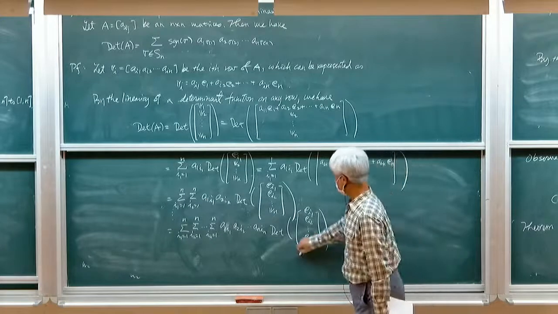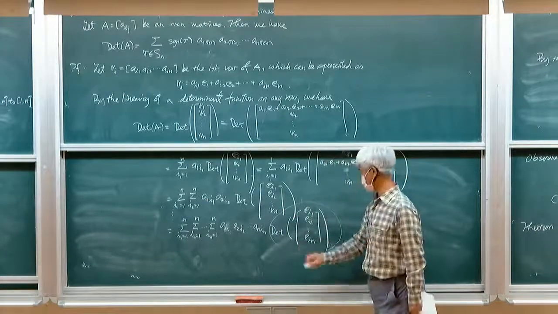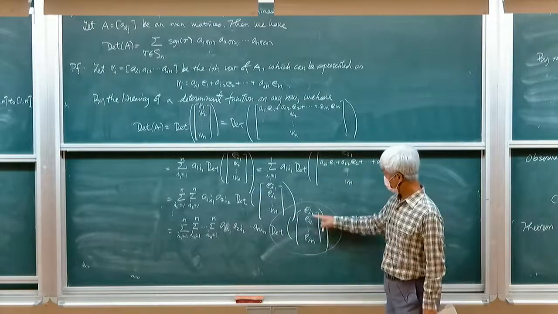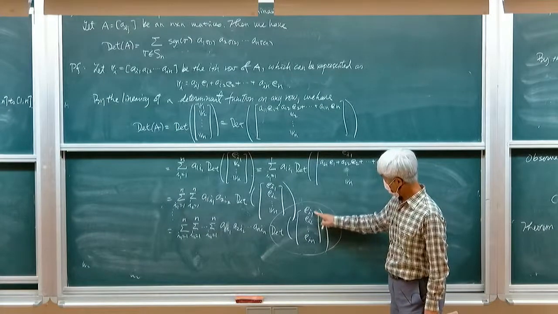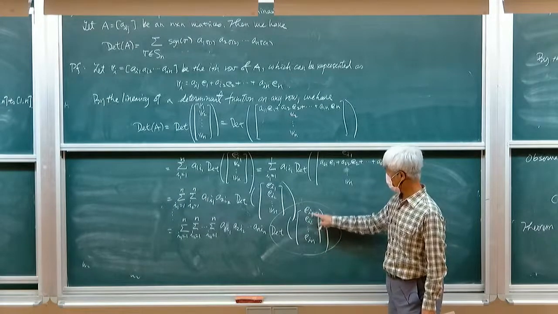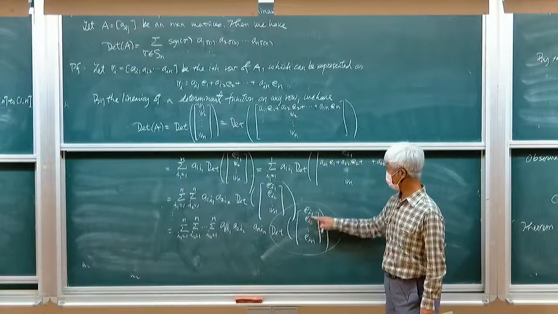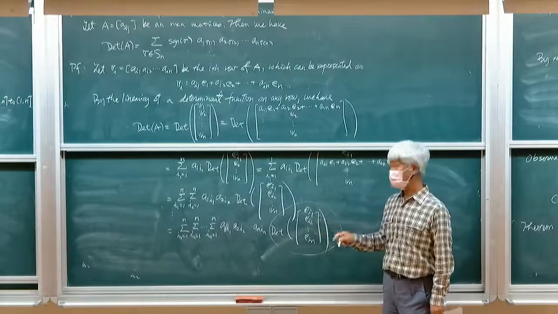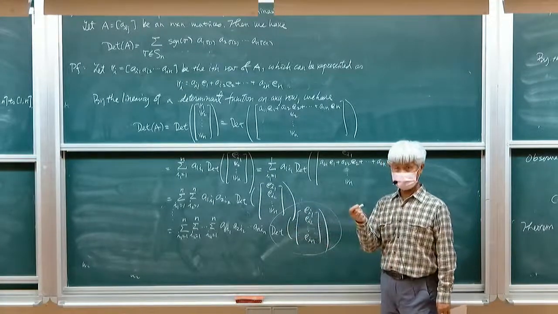Now we look at the determinant of this function. If two indices are equal, for example i1 equal to i2, you have two equal rows, then the determinant will be 0.